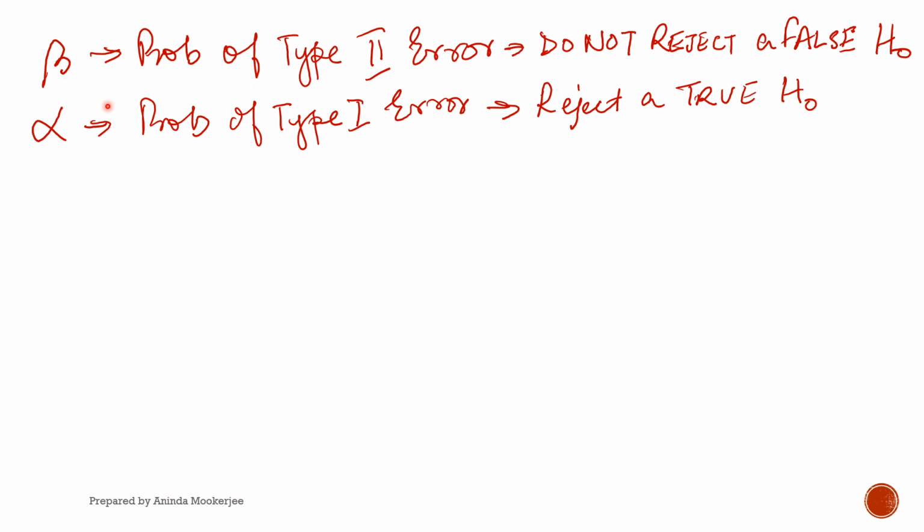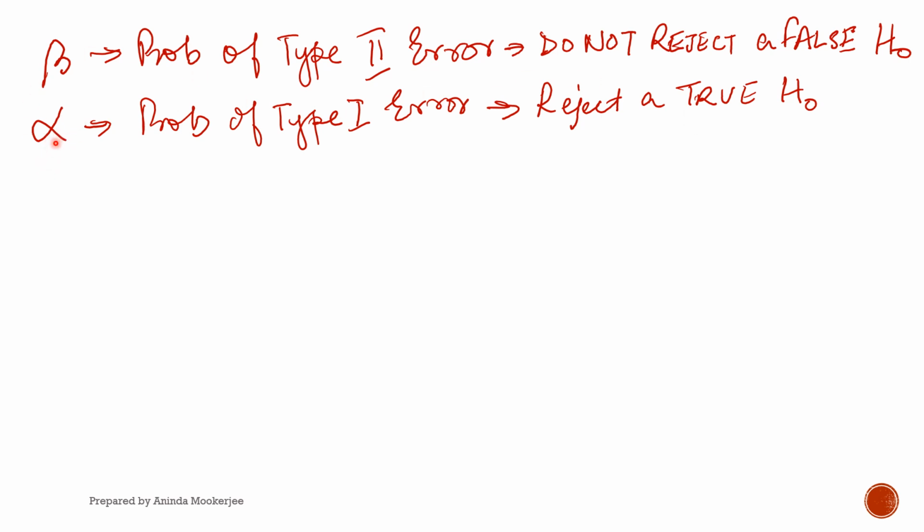On the other hand, for a type 1 error to occur, the null hypothesis must be assumed true, right? And when we perform a hypothesis test, we always assume that the null hypothesis is true. And we work with alpha, right?